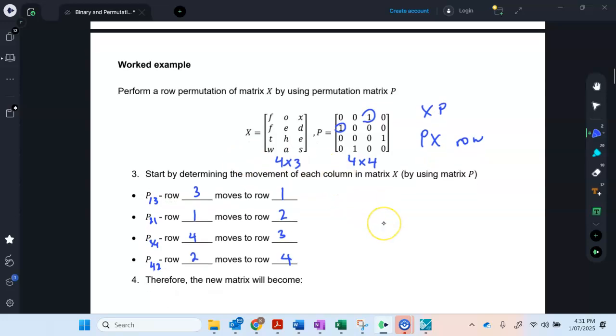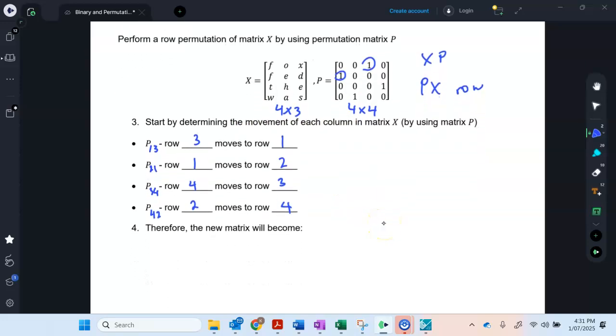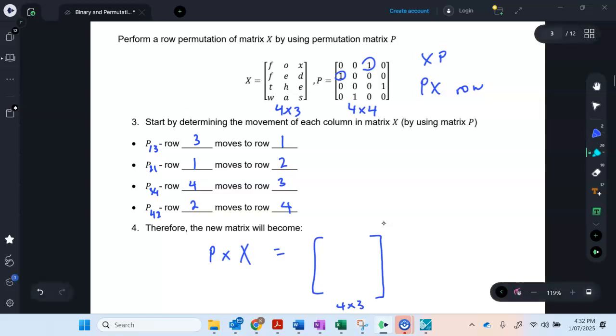All right, so we're doing the permutation first, so P times matrix X. I'll do a bigger X so we don't get our multiply and our X mixed up. The order of my product matrix is going to be the same, so it's going to be a 4 by 3 again. So row 3, let's highlight that one. The word the is now going to row 1.